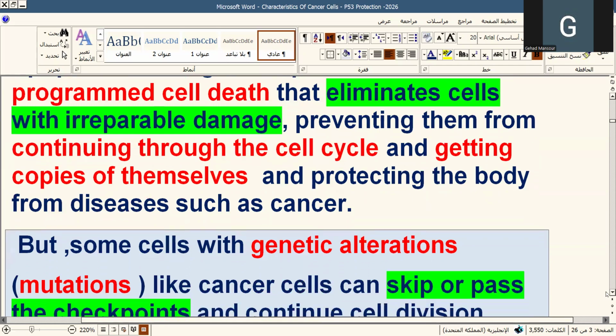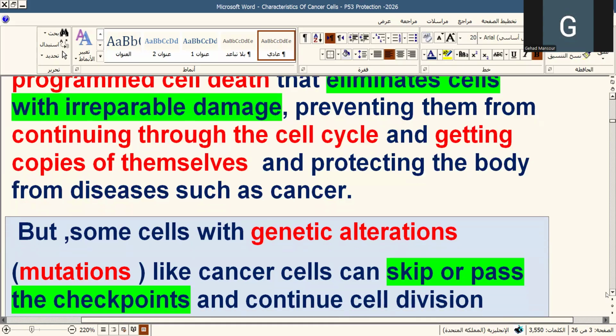That's to say, there will be enzymes that will trigger a gradual, programmed, organized, clean degeneration of the cells. Or actually, it's not true degeneration, because it's a very organized process of breakdown of the components of the cell, in which there is recycling of the components of the cell to build new healthy cells. So the cell is prevented from continuing, and it is prevented from getting copies of itself.